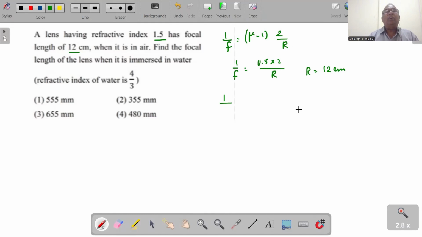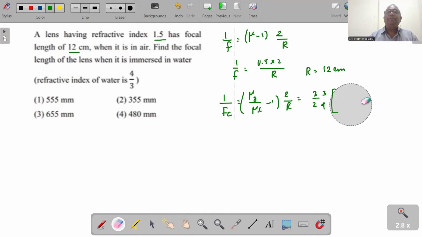When the focal length of the combination is found with the lens kept in the liquid, you know the formula: refractive index of the glass by refractive index of the liquid minus 1 into 2 by r. So we substitute the value. Here refractive index of the glass is 1.5, which can be written as 3 by 2. Refractive index of the liquid is given as 4 by 3. 4 by 3 goes to the numerator, minus 1, into 2 by r.